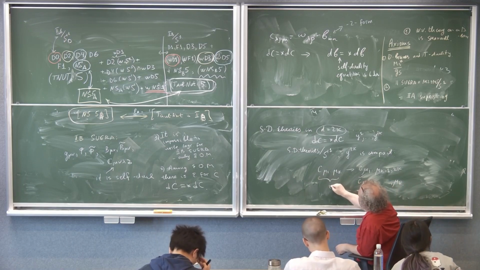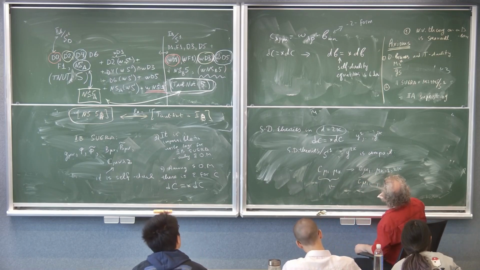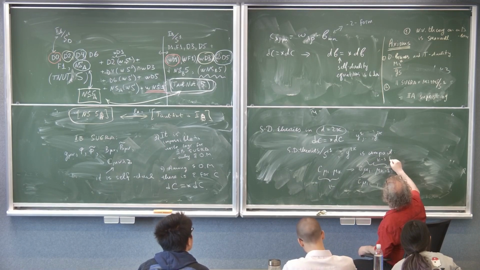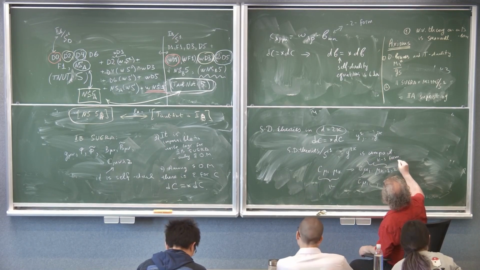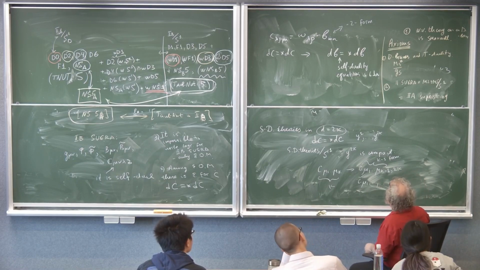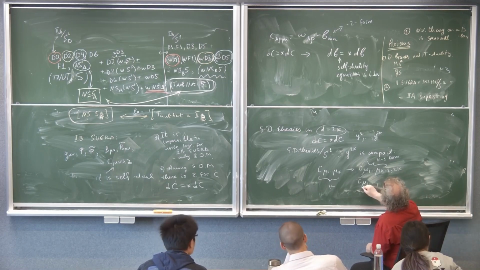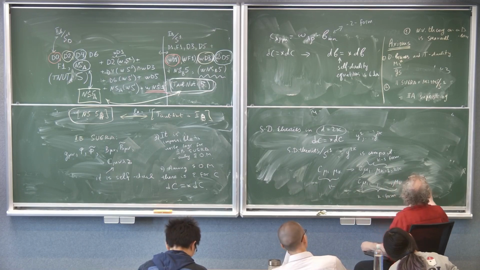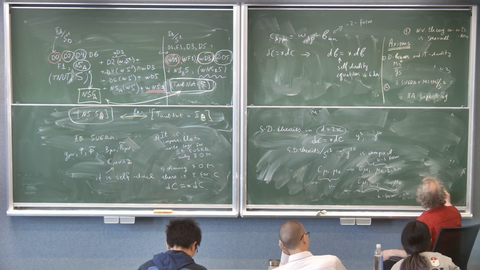So a k-form gives me a (k minus 1)-form and a k-form in dimension 2k minus 1.